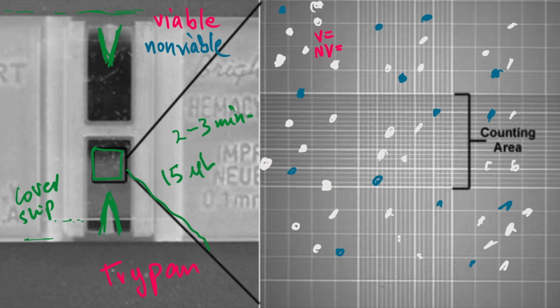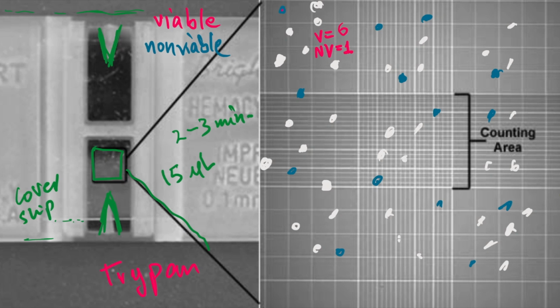The viable cells that I see are in white, which are 1, 2, 3, 4, 5, 6, and the non-viable is just 1. Remember, I'm only counting this, not this, because it's on the bottom boundary, and we only count cells on the top and left boundaries. So this has not been counted, which is why the non-viable cells equal 1 in this grid.